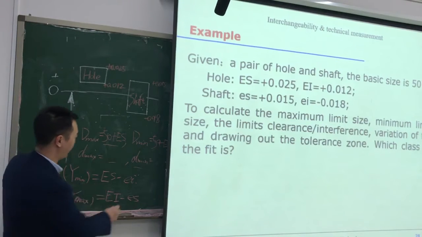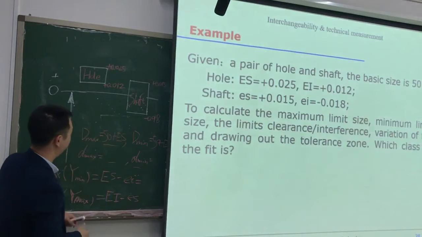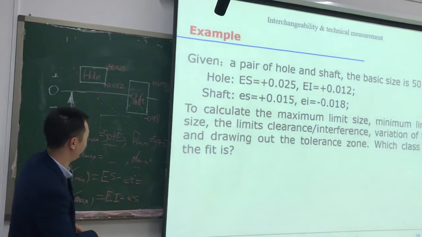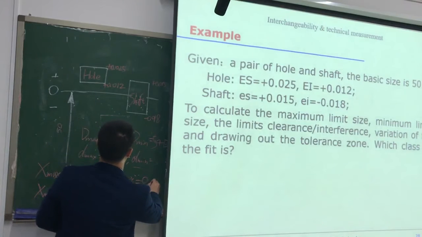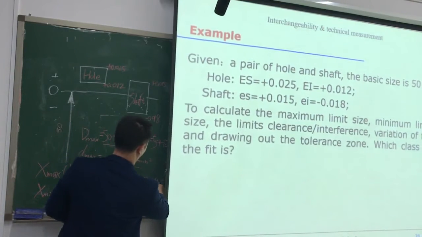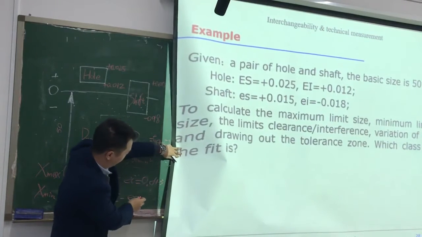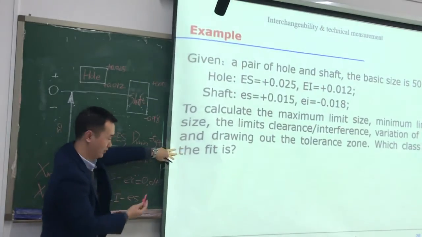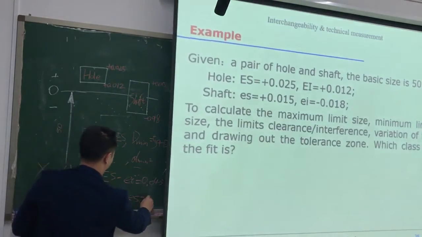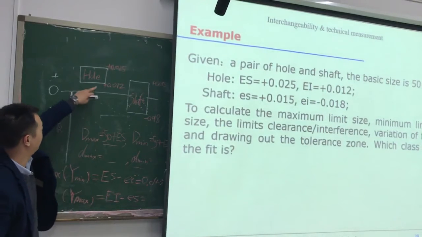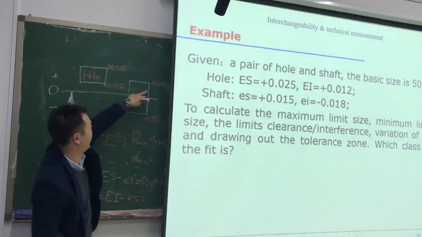So we can get our answer here. The ES minus this value, what do we get? It's 0.043, correct? And we can get our maximum interference by using this value to subtract this value.